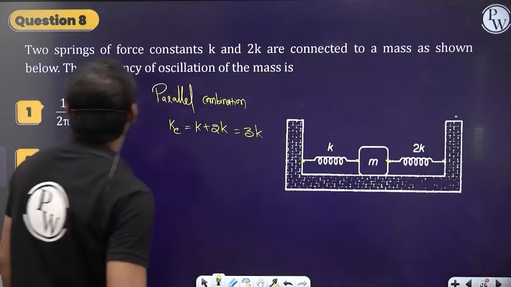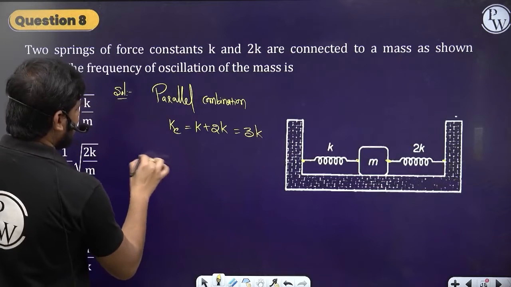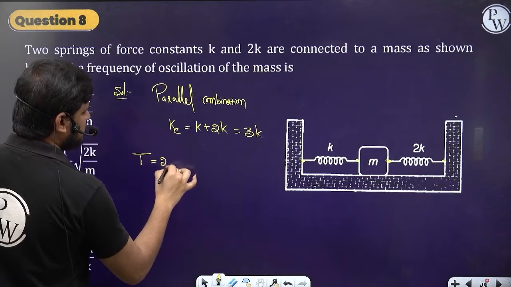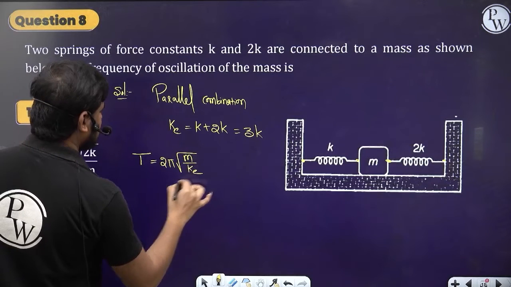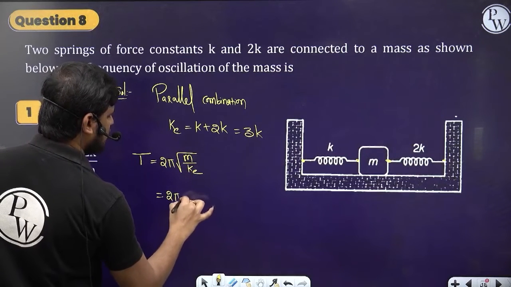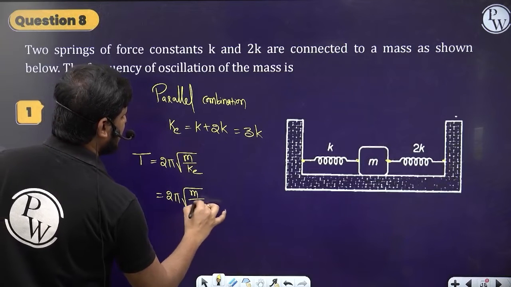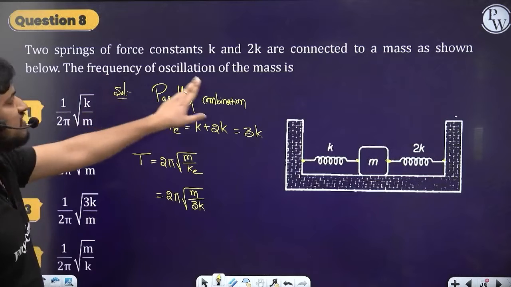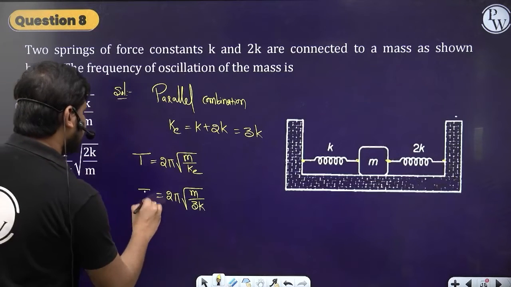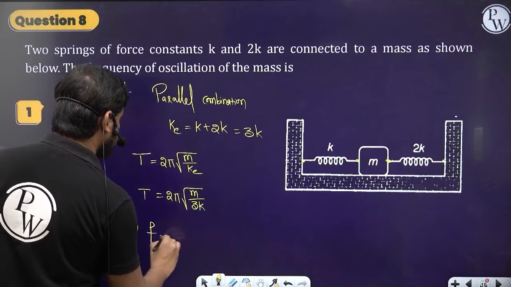Done. Then what can we write for time period? The time period is equal to 2 pi into root over M by K equivalent, which is 2 pi into root over M by 3K, as we got the K equivalent as 3K. But we do not require the time period, we require the frequency. Frequency is 1 by time period.